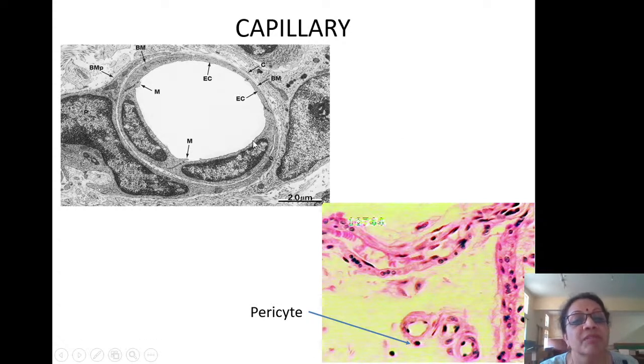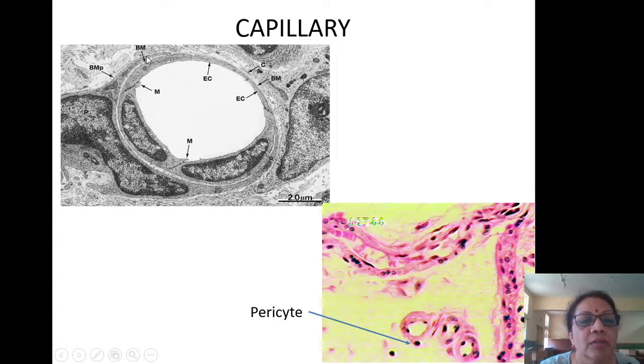And you will see pericytes. I don't know if they've shown you this pericyte. Here you are. So you have another cell, a bigger one, with a foot process. Can you see? Which is holding this capillary. Right? So this pericyte is so big that it is almost holding half of the diameter of the capillary.